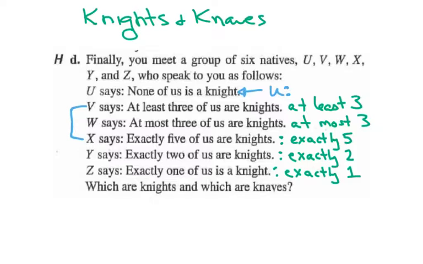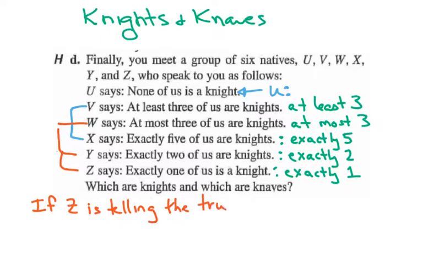At most 3, what W says agrees with both Y and Z. Now, if Z is telling the truth, then he's got to be the only knight.